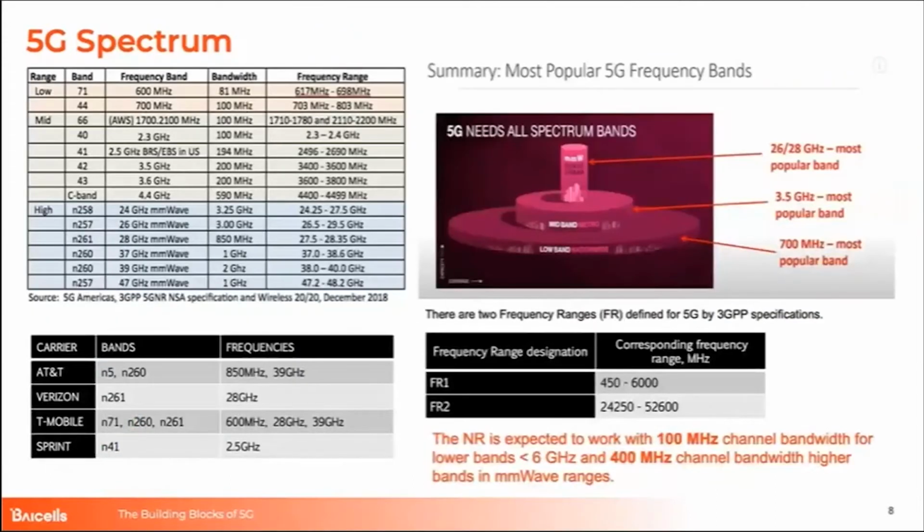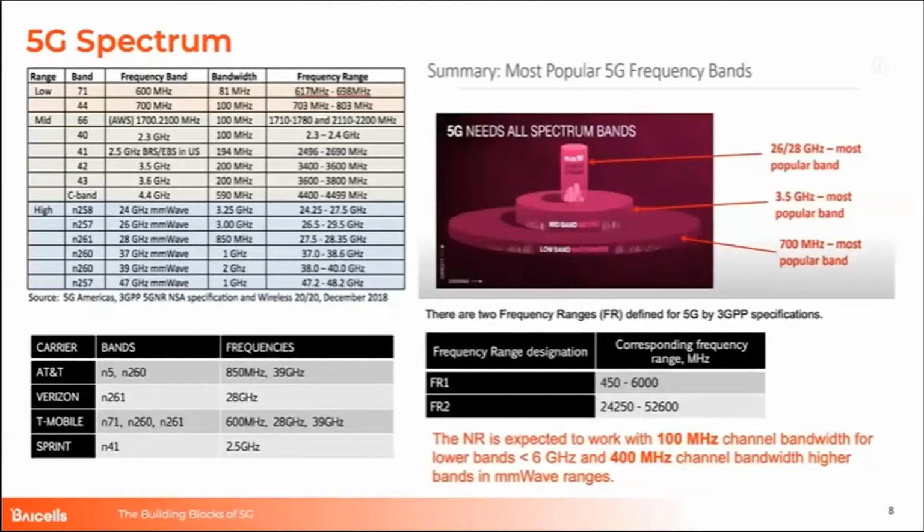If you look at this, they call it the wedding cake because it looks like a wedding cake, and they utilize the low frequency, for instance, 700 or 600 for coverage. It's not about the throughput, but it's coverage and penetration. Then you can have another layer on top, which is the mid-band 3.5 gigahertz and so on.